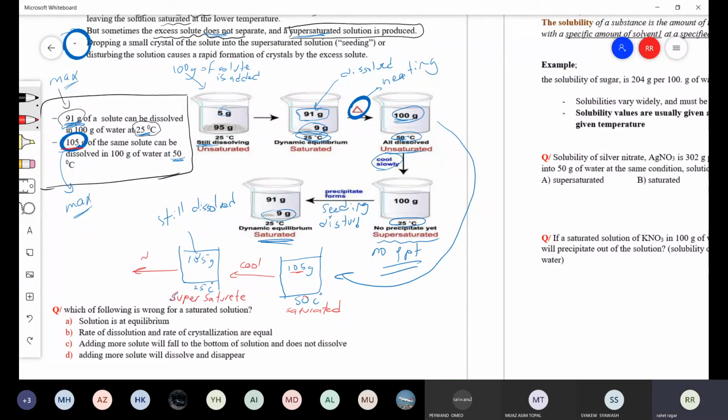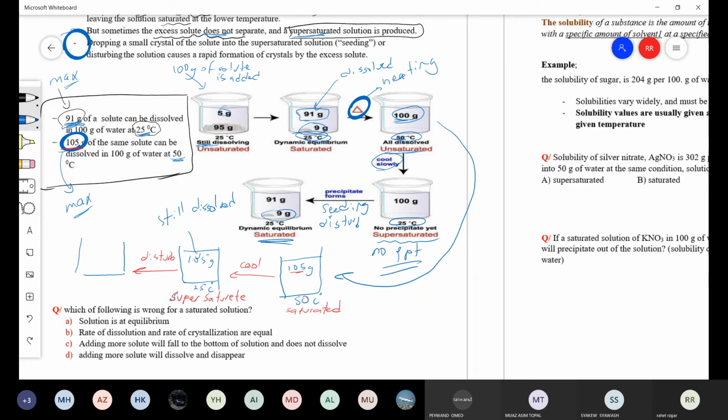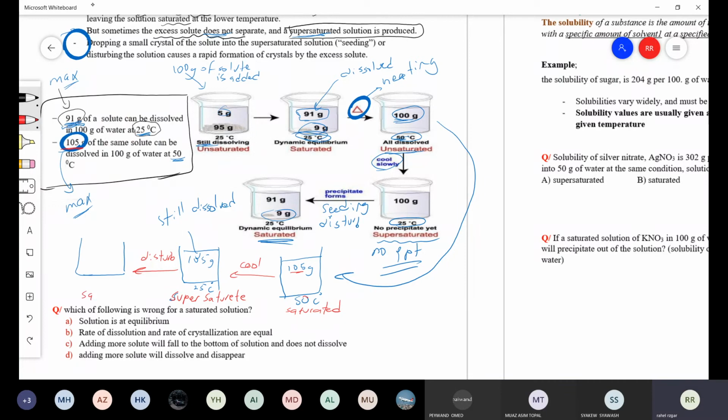Then, if we disturb it, how many grams? It will become what? It will become saturated, and only 91 grams is dissolved.